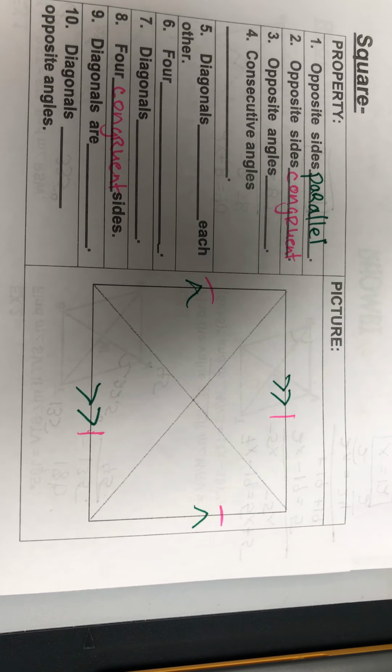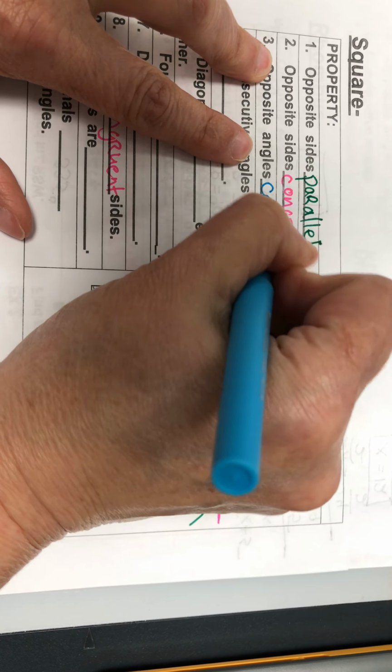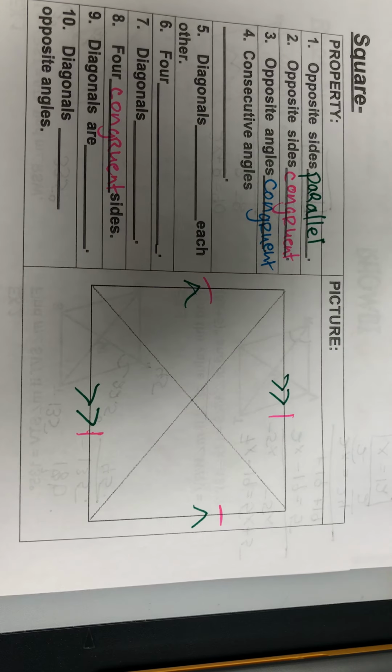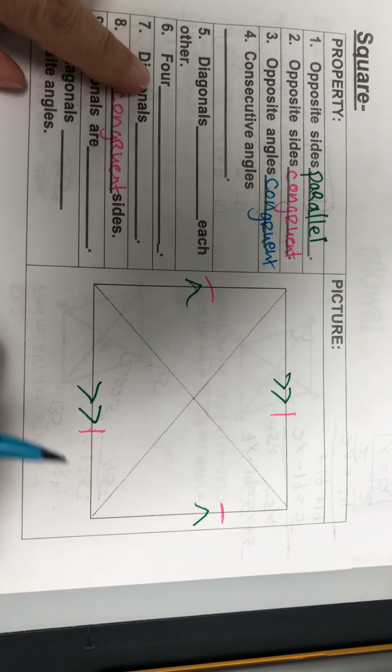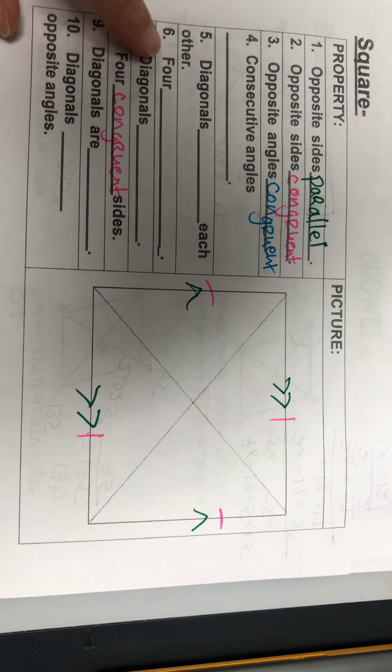Opposite angles are congruent. In fact, we have 4 congruent angles.